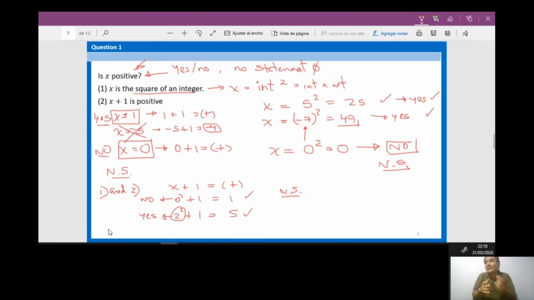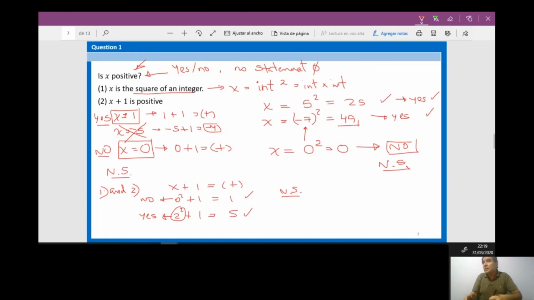In statement 2, the same value, 0, changed the answer to the question as well. So whenever you notice that one statement is not sufficient and the other statement not sufficient, but that happening because the same value for the variable changes the answer in the two statements, then you don't need to waste more time. Directly, you can mark option E for an answer.